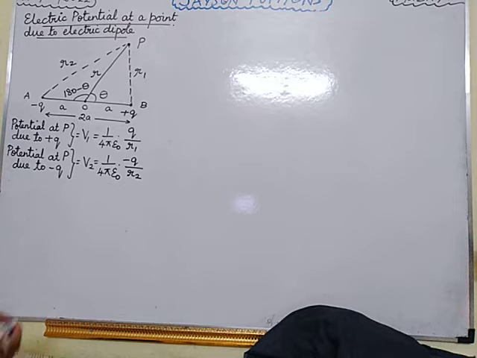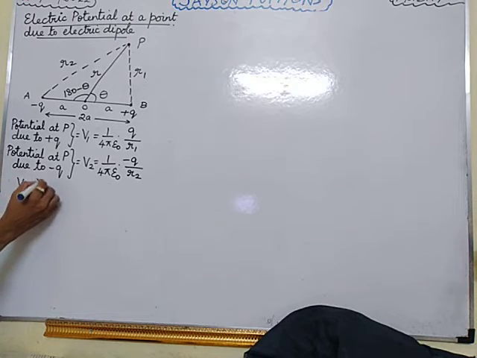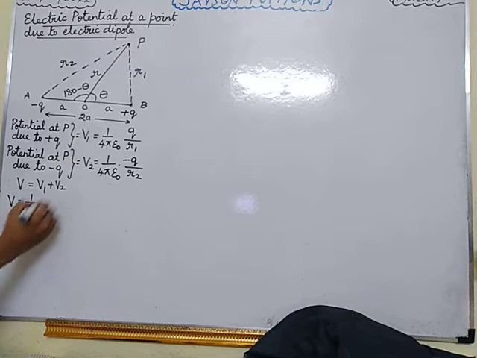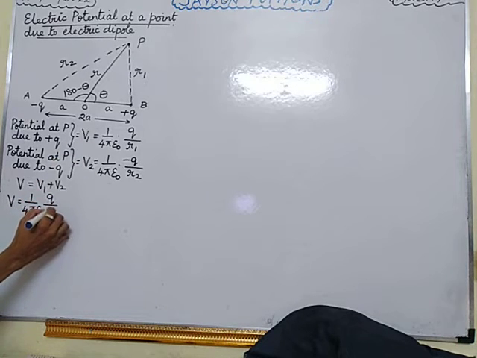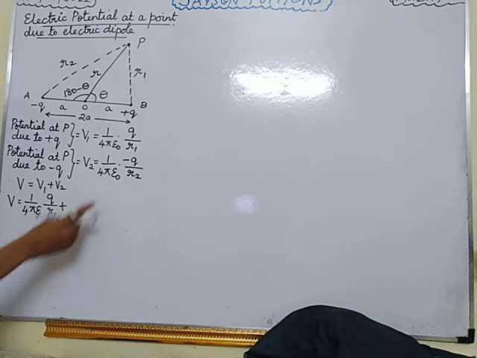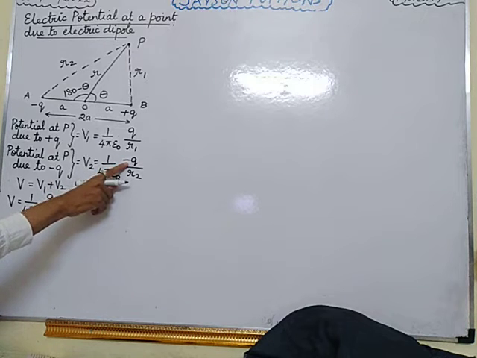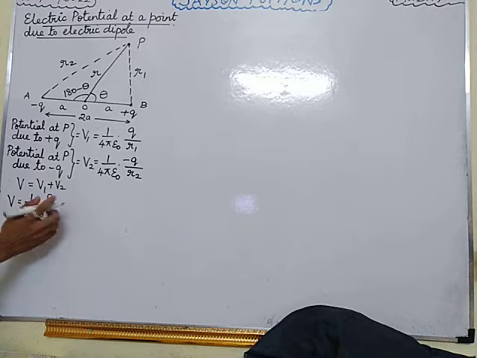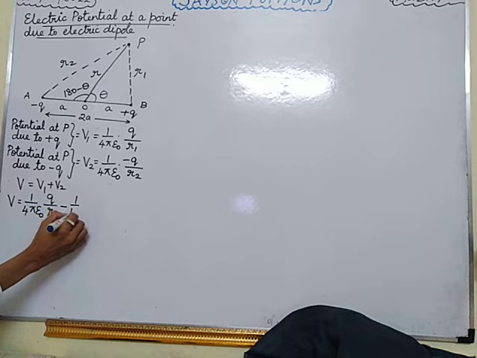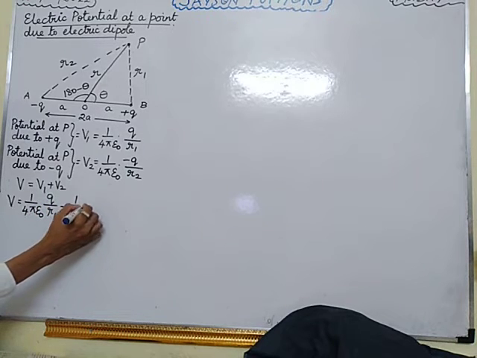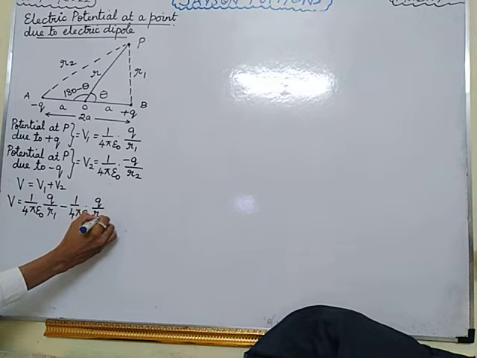Now what will be the total potential? Total potential will be V1 plus V2. So V is equal to 1 by 4 pi epsilon naught Q by R1 plus, since we have a minus sign here, minus 1 by 4 pi epsilon naught Q by R2.